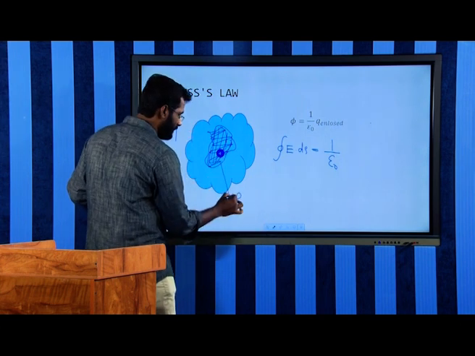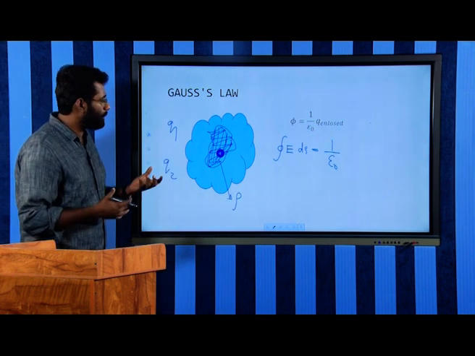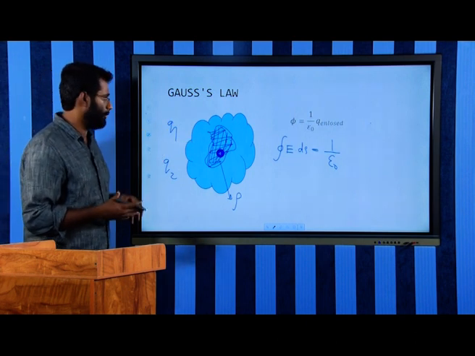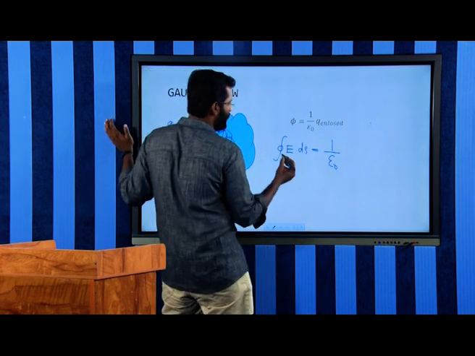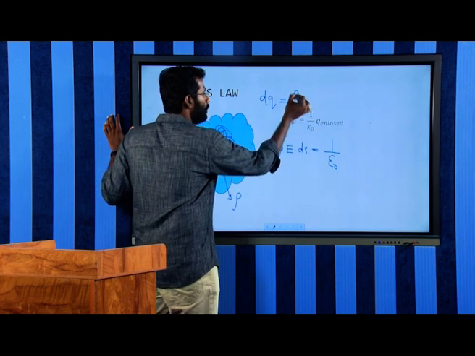How can we modify Gauss's law? If rho is the charge density, we know that the elemental charge dq is equal to rho d tau.